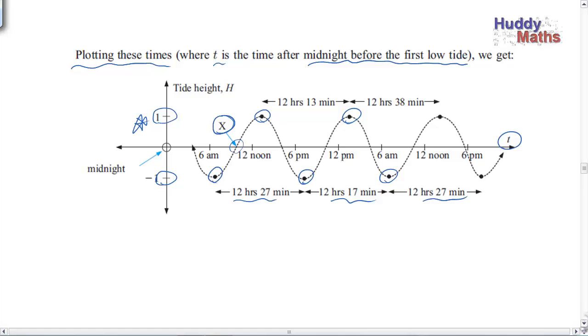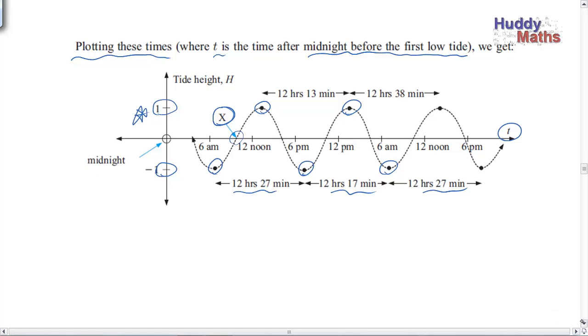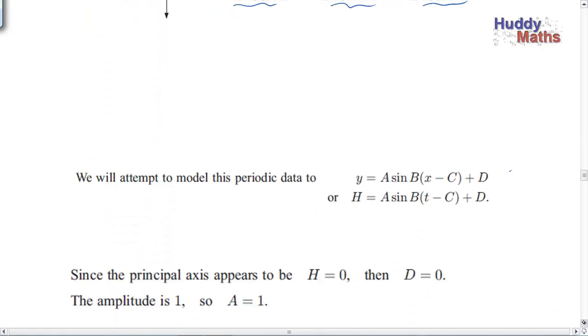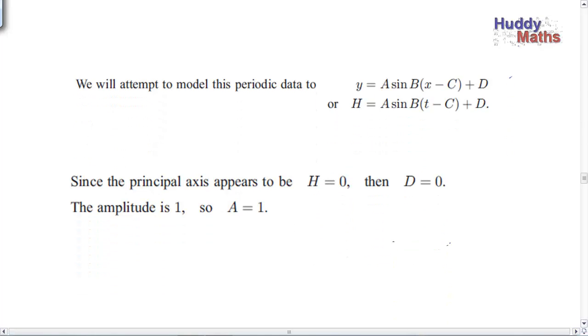Okay, let's have a look now, and going down here, we're going to try and model it with this function. So making it contextual now, in the context, y will be the height and x will be time. Now, the principal axis here, we didn't move it anywhere. D is naught.